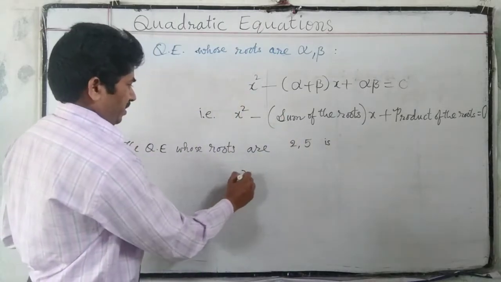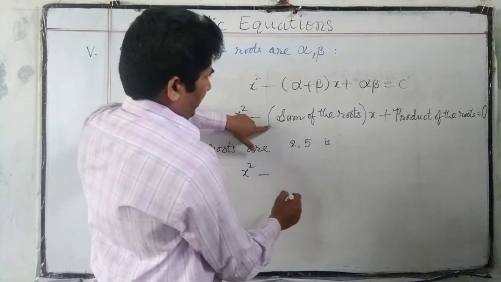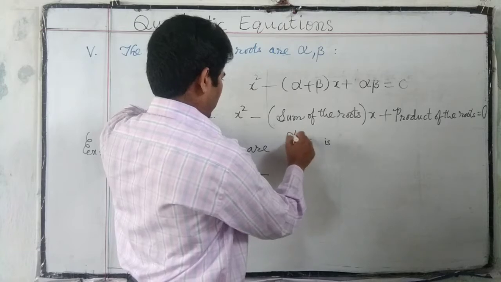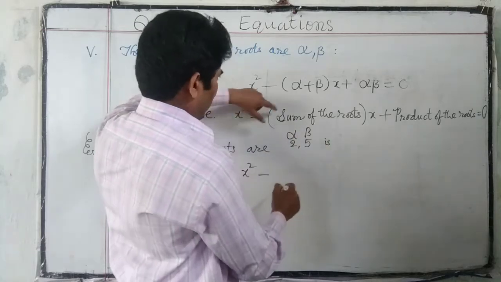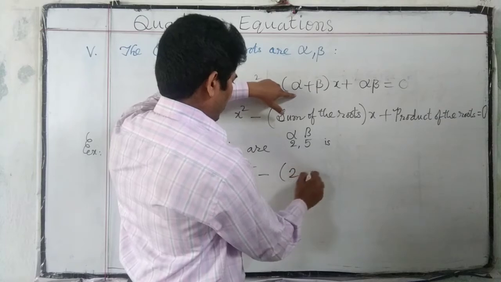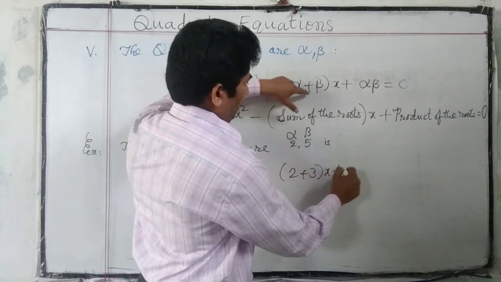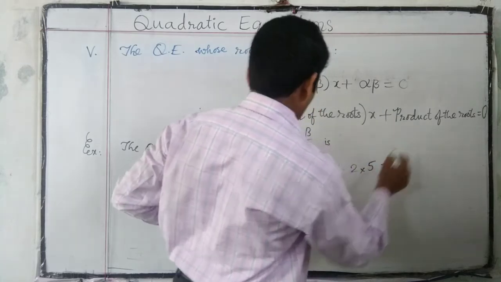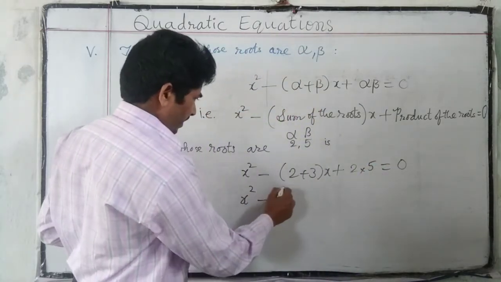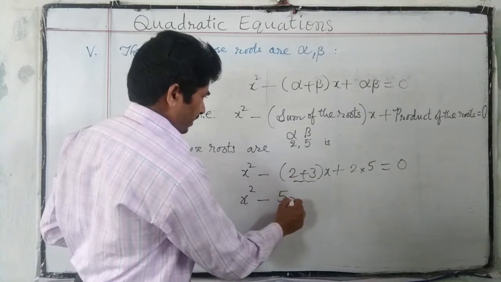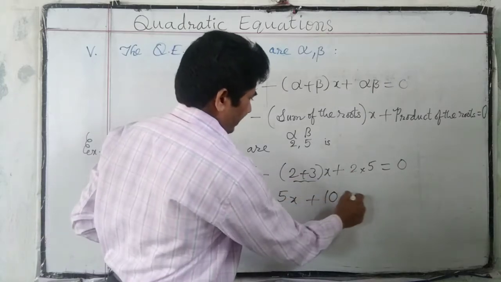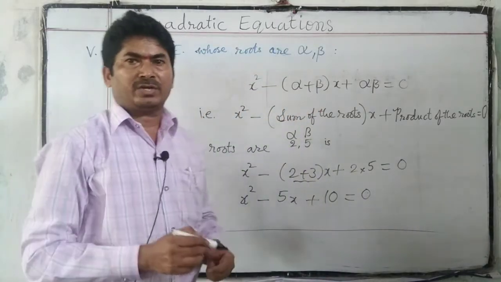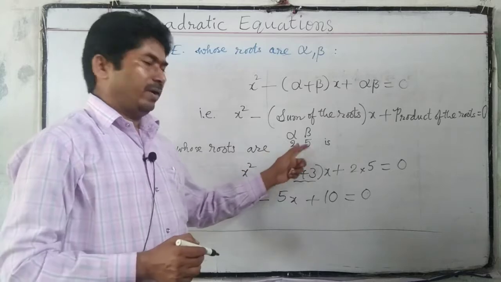It is x square minus (this is alpha, this is beta) (2 plus 5) into x plus 2 into 5 is equal to 0. x square minus 7x plus 10 is equal to 0. This is the quadratic equation whose roots are 2 and 5.